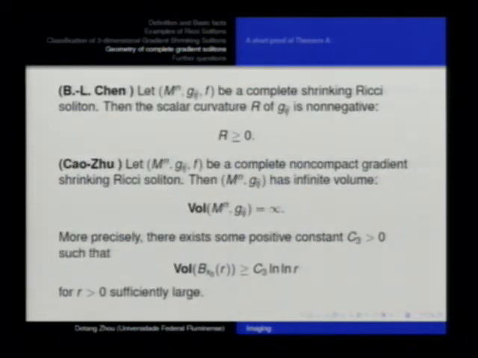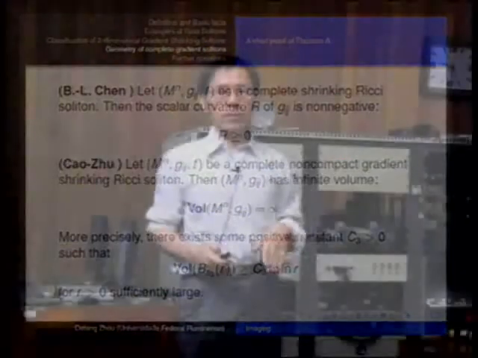Here are some basic points we need to use. Firstly, by the binomial proof, we don't have non-negative Ricci curvature, but we always have non-negative scalar curvature. So if there is a point where the scalar curvature is 0, the soliton has to be flat.